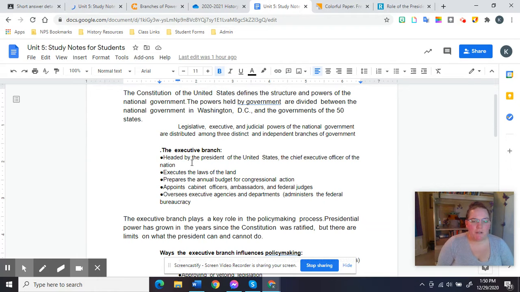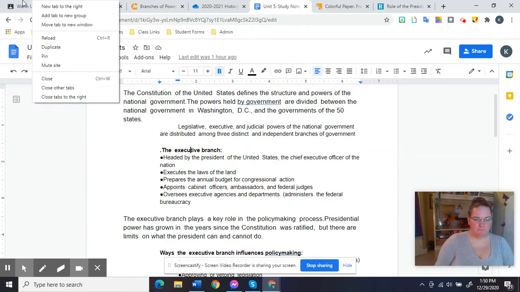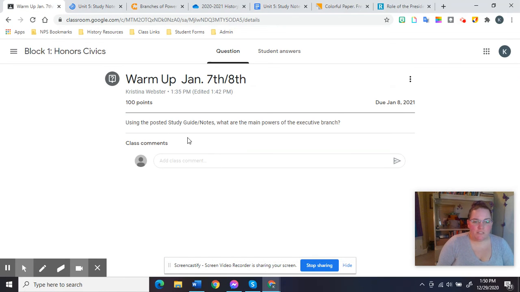It says the executive branch is headed by the President of the United States, the Chief Executive Officer of the nation. They execute the laws of the land, prepare the annual budget for congressional action, appoint cabinet officers, ambassadors, and federal judges, and oversee executive agencies and departments. So that is what you'd use to answer this question.